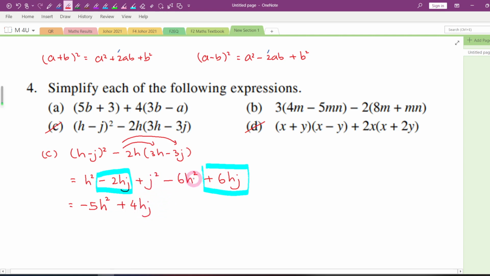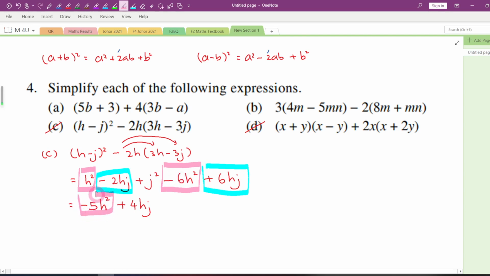Okay, the rest, these two are not like terms, we cannot do anything, we just copy. Plus j squared minus 6h, oh sorry, I made a mistake here because the negative 6h squared, we already did it with the h squared, right? Okay, so here, let me circle this one with another color so that you won't get confused. This one, we got it from these two.